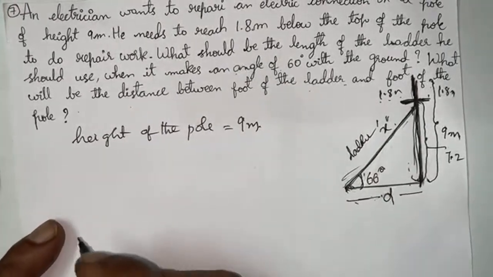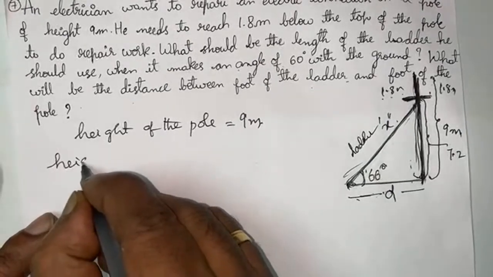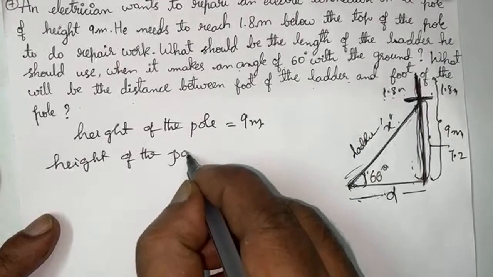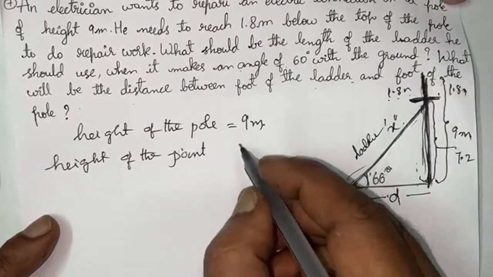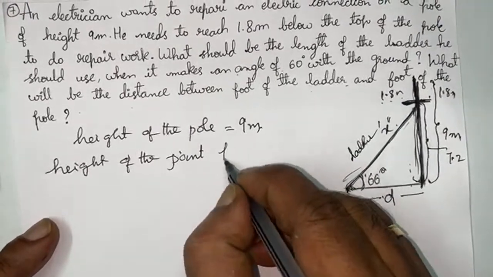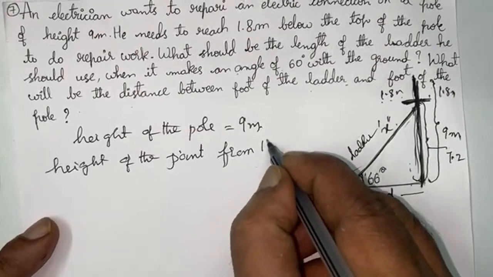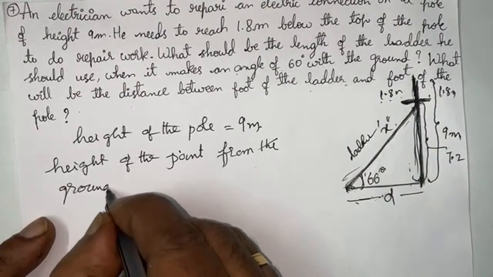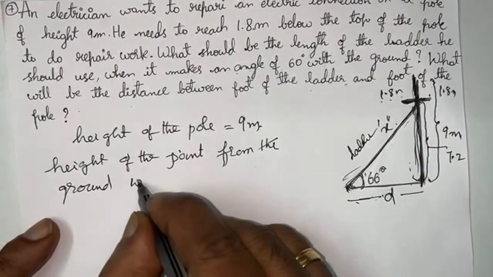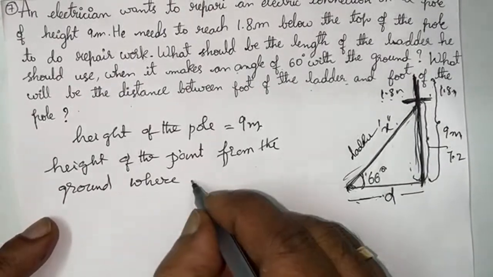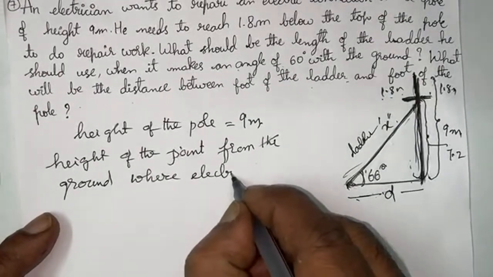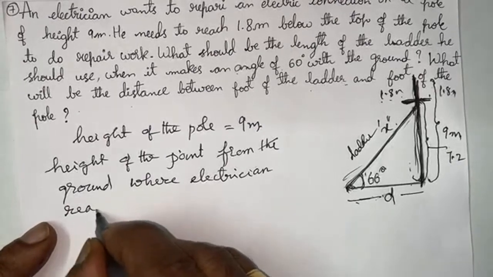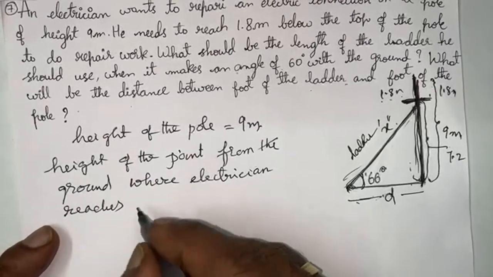Next, the height of the point from the ground where the electrician reaches the pole.